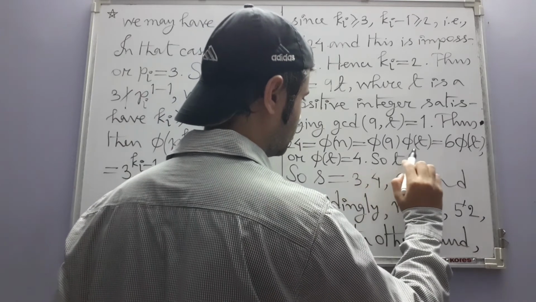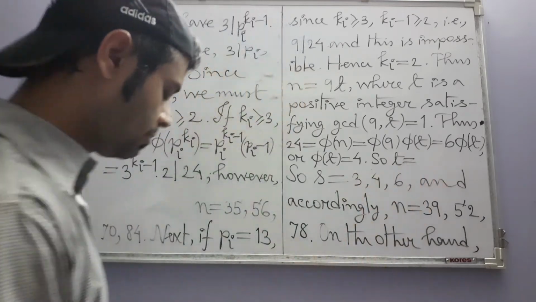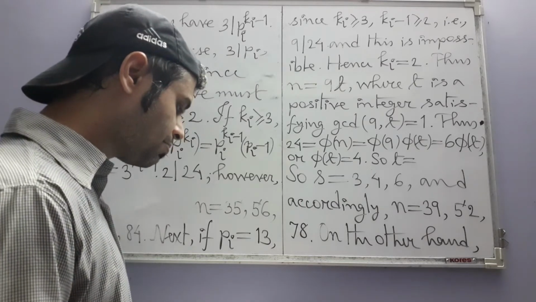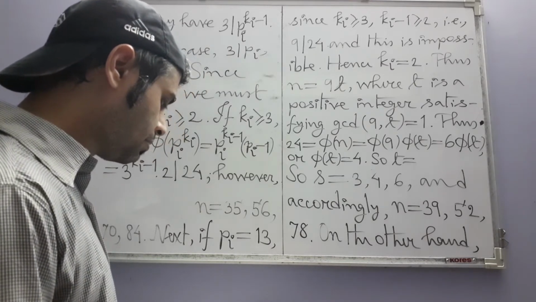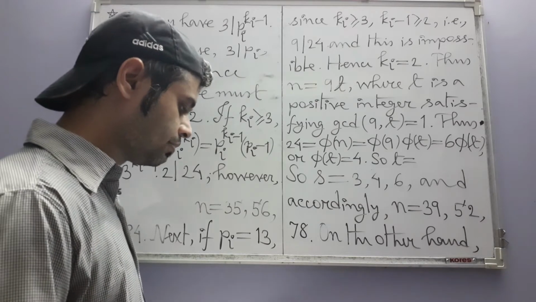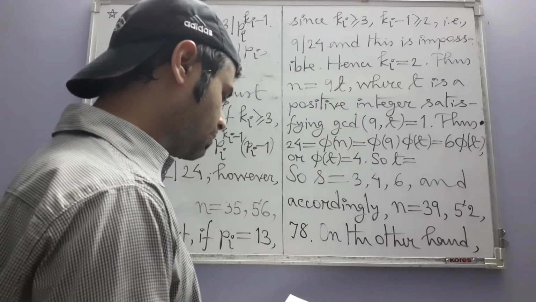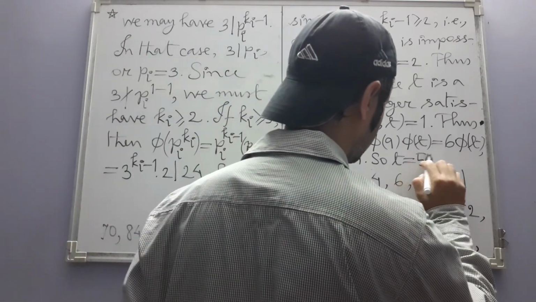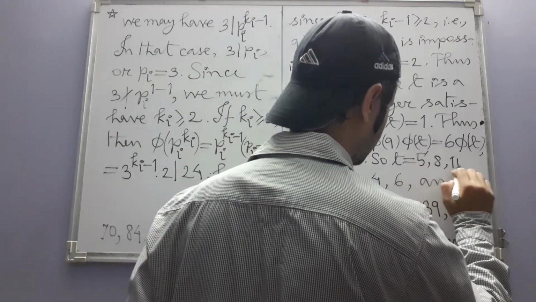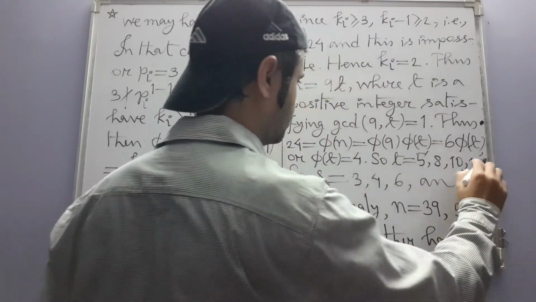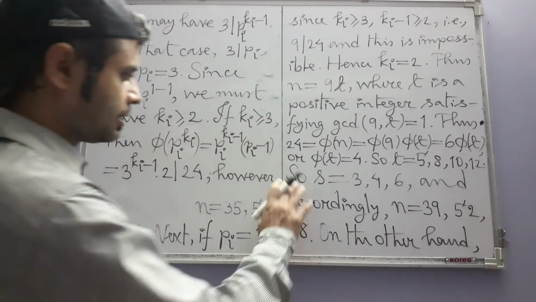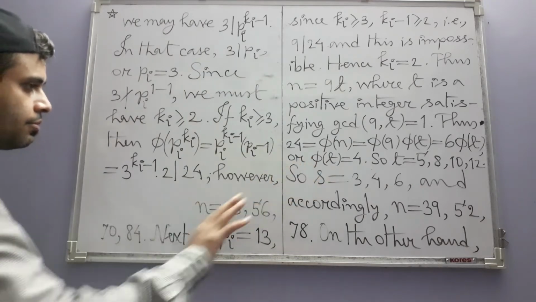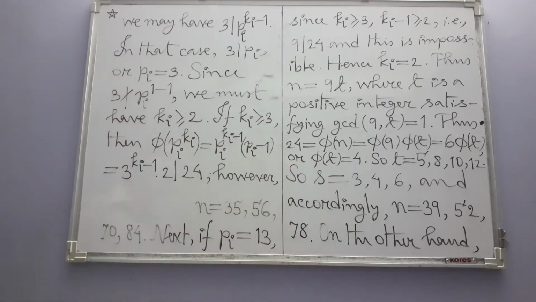So just like before, again phi of t equal to 4. So the possibilities for t are what? What were those things? 5, 8, 10 and 12. So again we have to continue from this side.